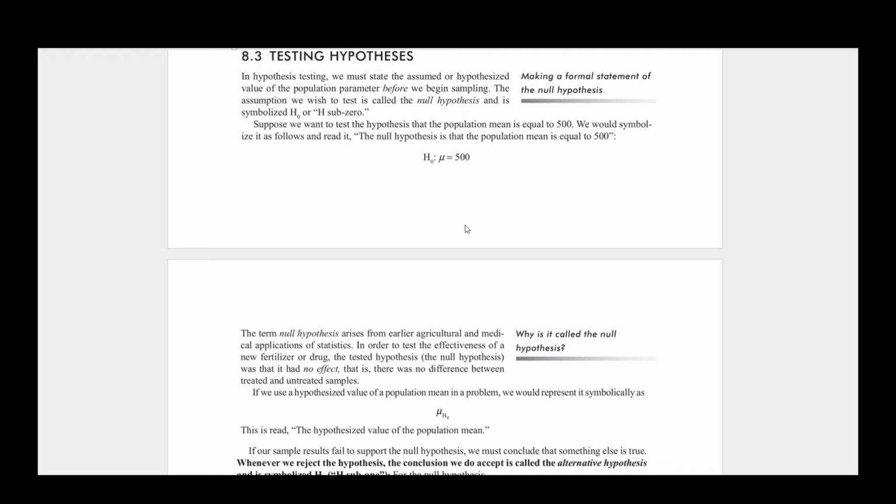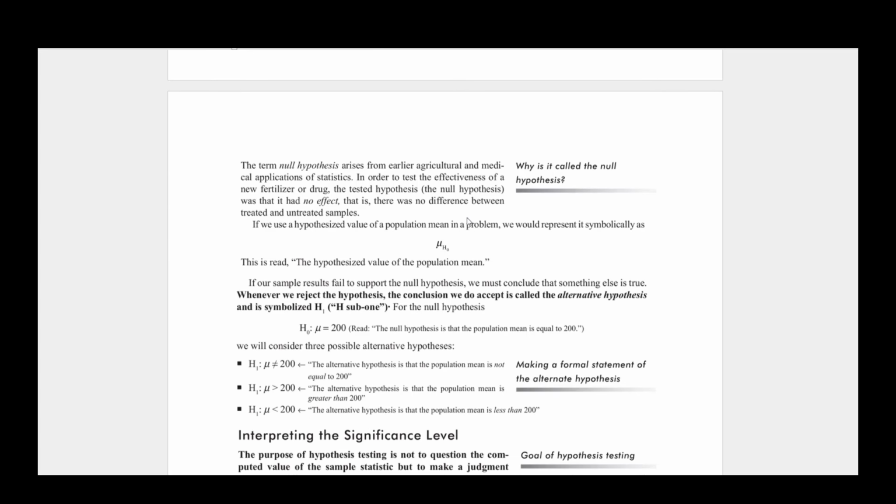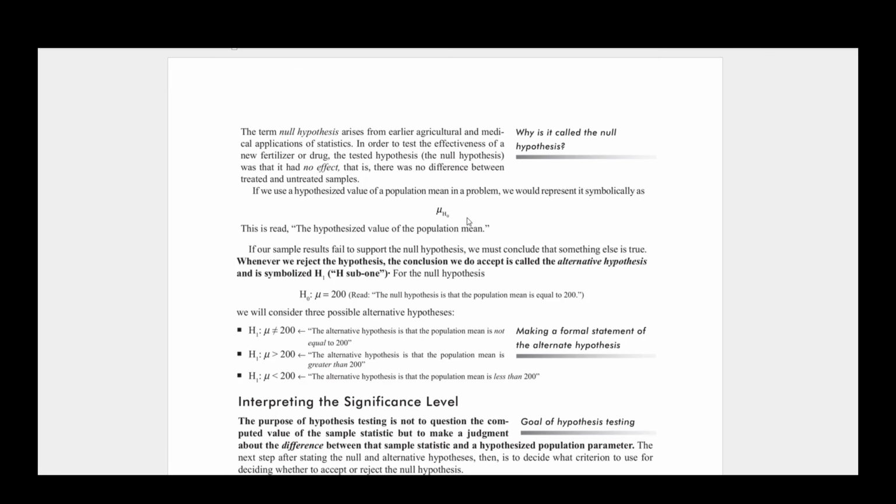Because null means there is no difference between the hypothesized mean and what the sample is indicating. So there is no difference. That is the null hypothesis. The hypothesized value of the population mean is indicated by mu h0.